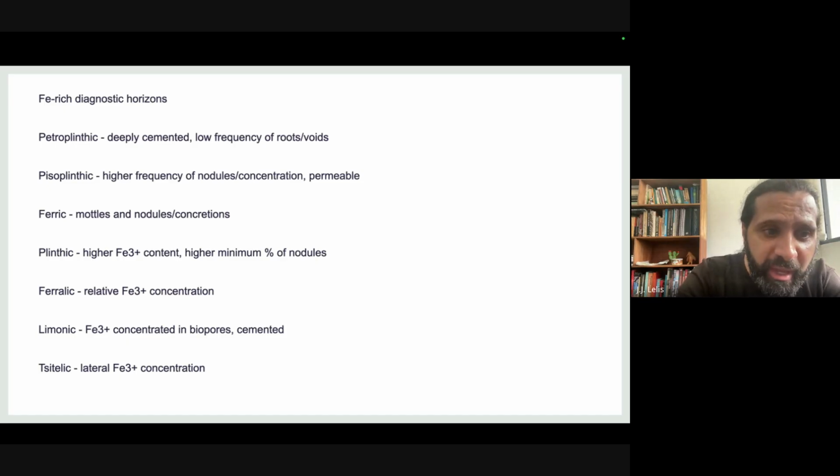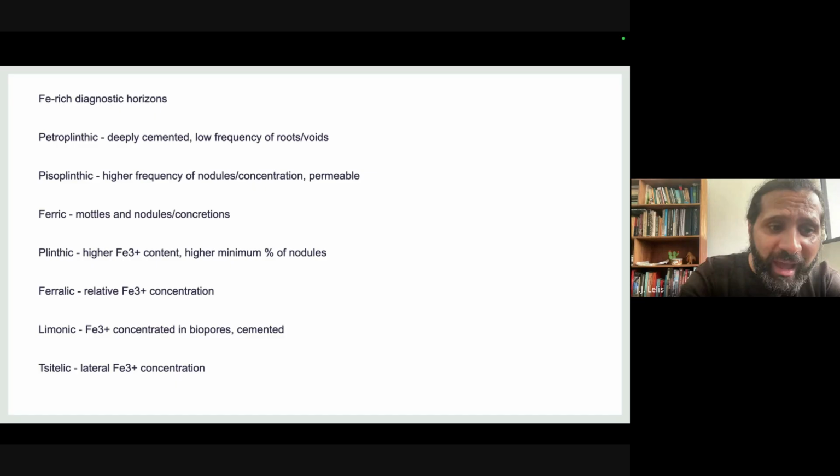We have the ferric horizon that expresses the presence of mottles and or nodules and concretions, but a dominance of grayish colors. We have the plinthic horizon that expresses a higher iron content and a higher minimum content of nodules than the ferric horizon. So the oxic conditions are dominant, not the reduction conditions.